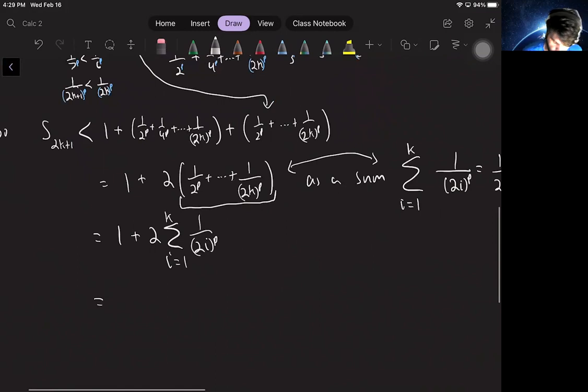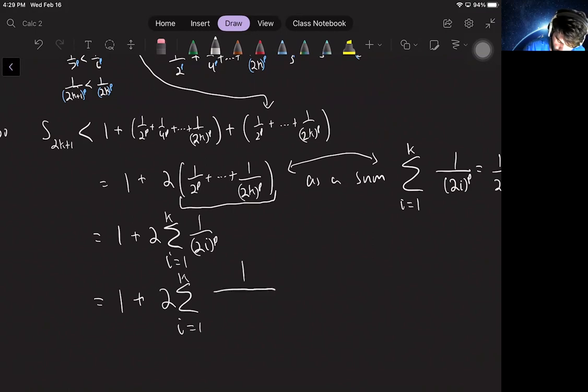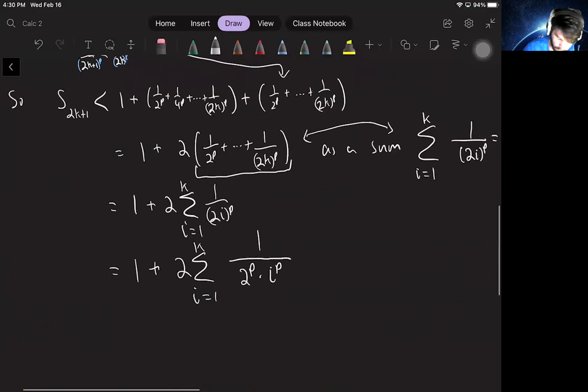And then I'm going to actually factor out the 2 on the bottom. So the idea is that if you have the power of p on the 2 times the i, you can think of it as 2 to the p times i to the p. And then this thing does not depend on the index.